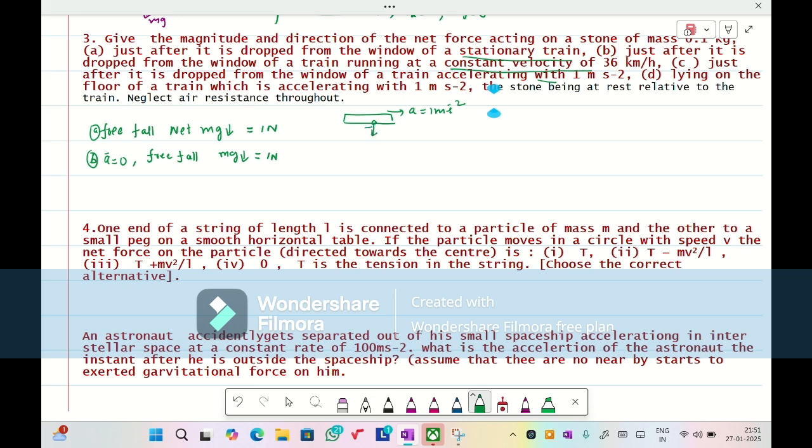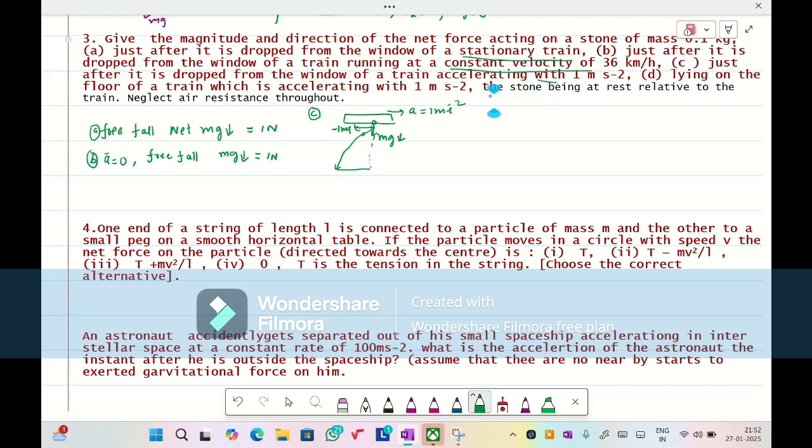The stone has a pseudo acceleration in the opposite direction, minus 1 meter per second squared. Over time the resultant force would change the path, so the path will be like this. But the question clearly says just after it is dropped, so this acceleration need not be considered, only mg, again 1 Newton downwards. Okay, this is the option.